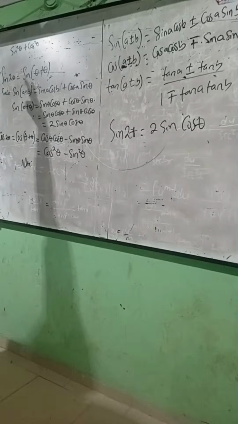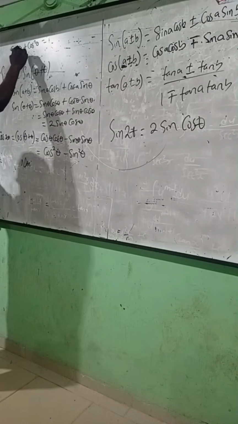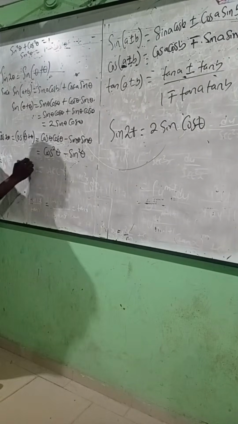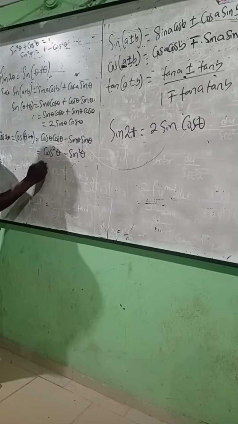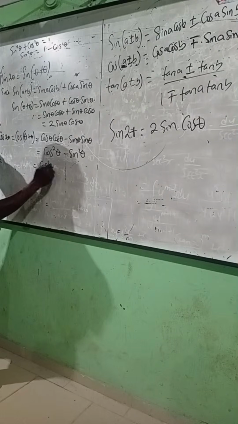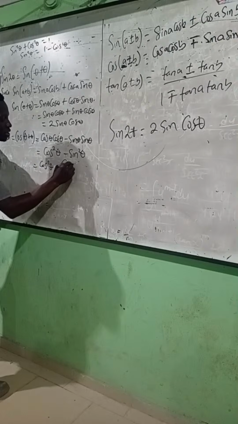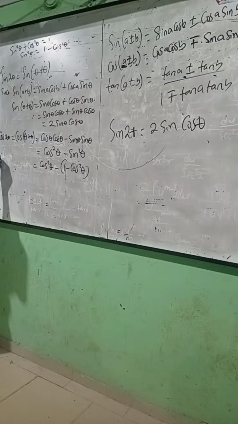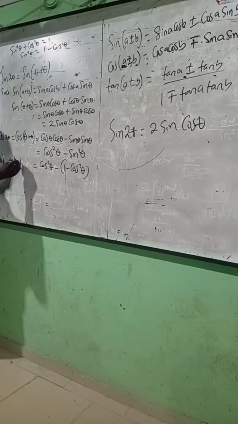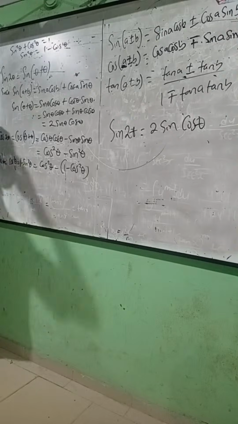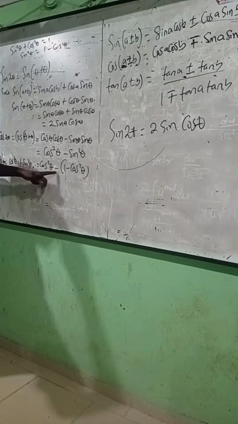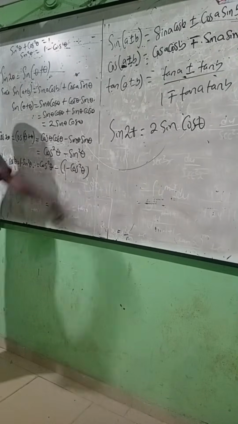Let's make sin square theta the subject of the formula. So sin square theta gives us 1 minus cos square theta. Now substitute it here. Cos 2 theta equals cos square theta minus, instead of sin square theta, we have 1 minus cos square theta.